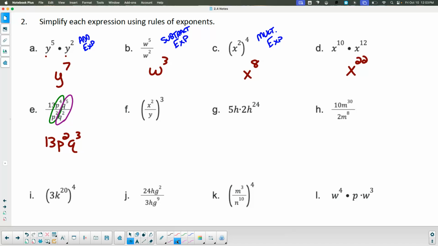When we have a fraction to a power, first off, that y has a 1 for an exponent. We would multiply the exponents, but we would multiply the exponents by this 3 on both top and bottom. So then this would become x to the 6th over y cubed.